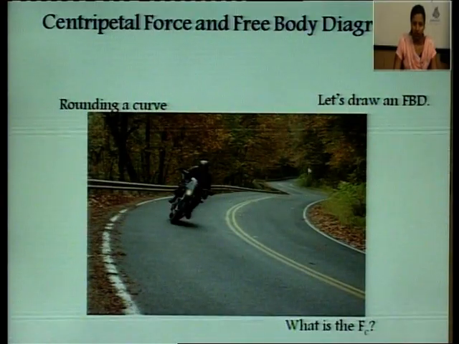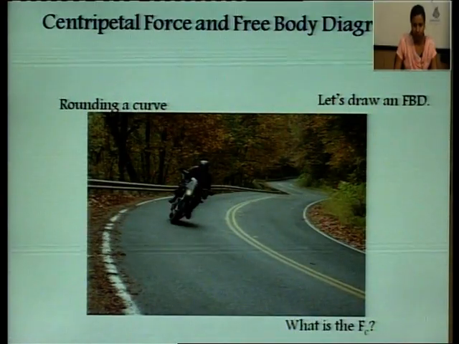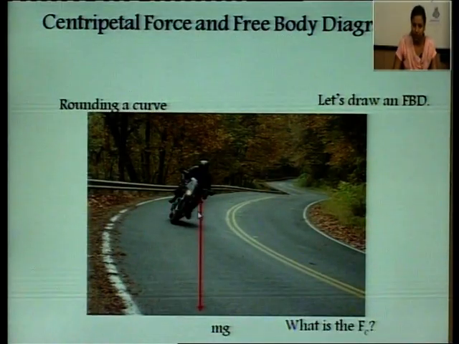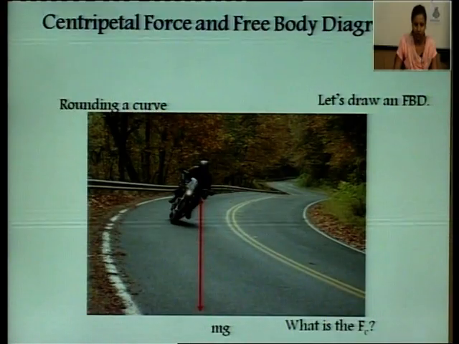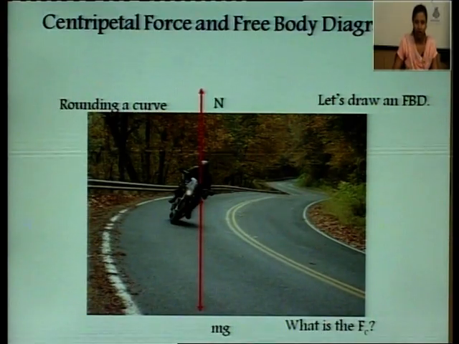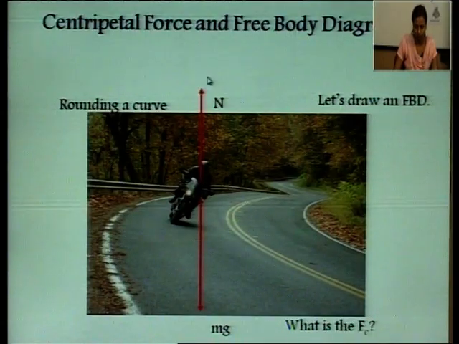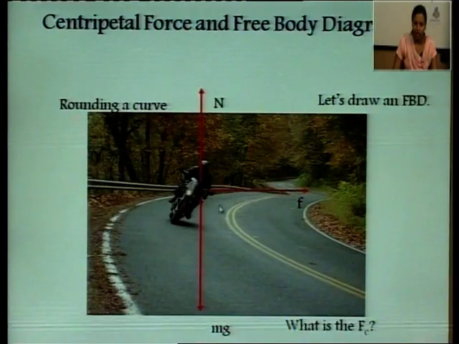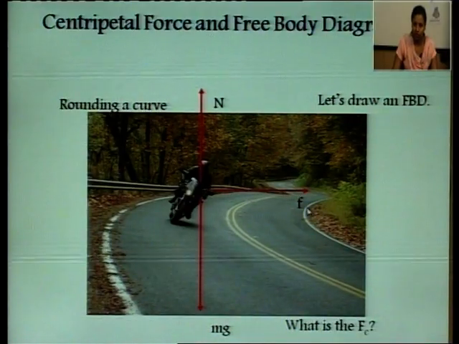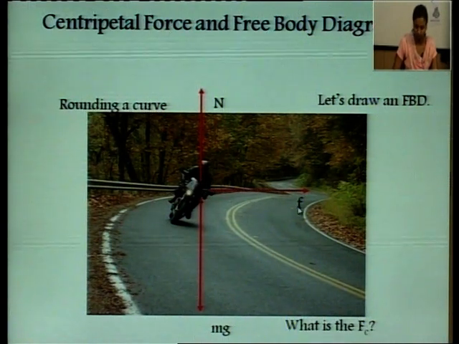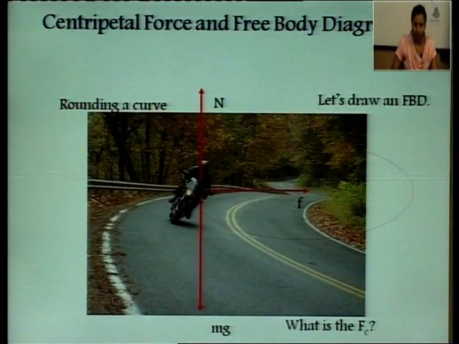So if a body is moving in a circular motion, then its weight mg is always acting vertically downward, and the normal reaction given by the earth is in the upward direction, and this force of friction is in this direction. So what is Fc? Fc is equal to this friction.